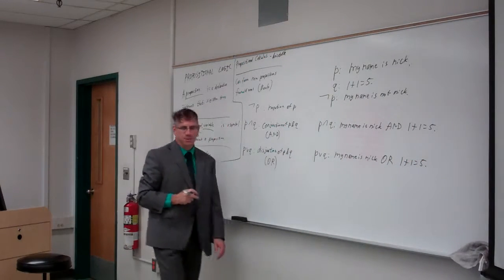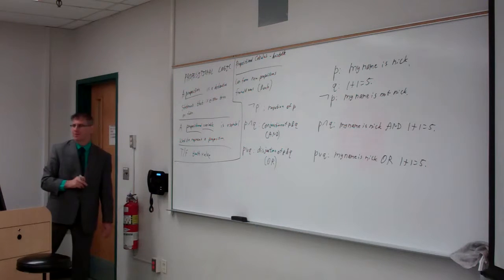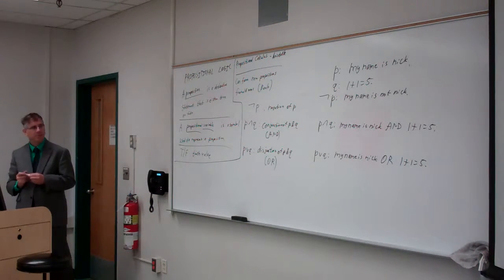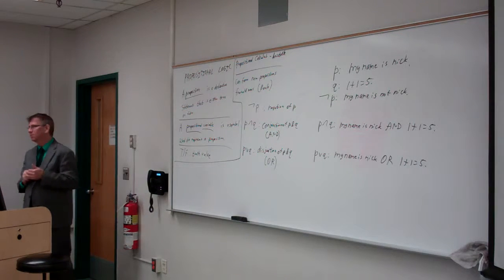And again, we get a new declarative statement that's either true or false by taking the disjunction of two propositions. My name is Nick, or 1 plus 1 equals 5, and that happens to be a true proposition.